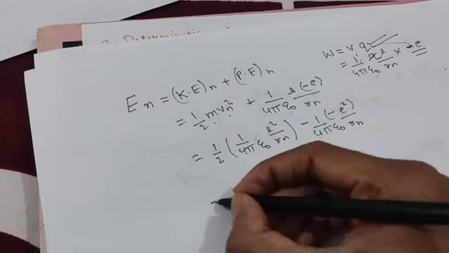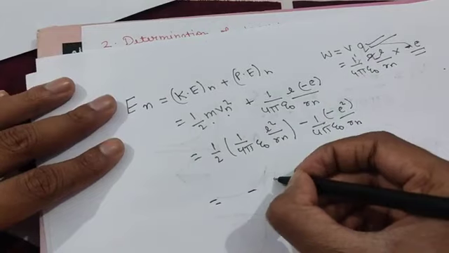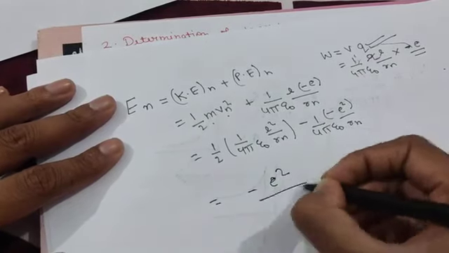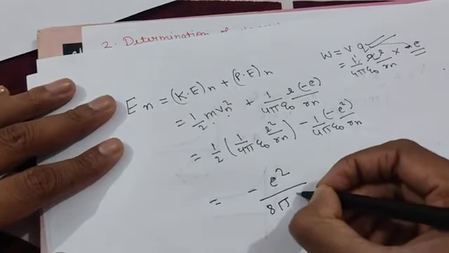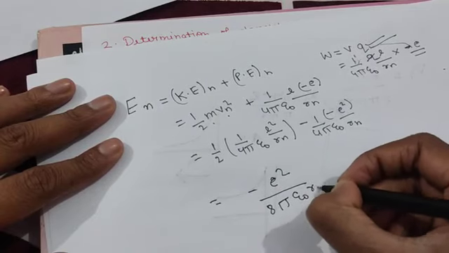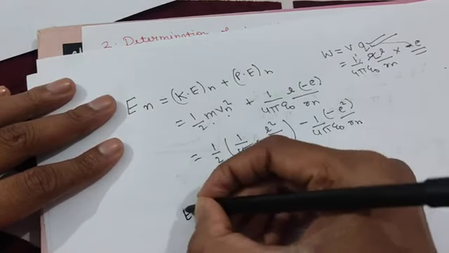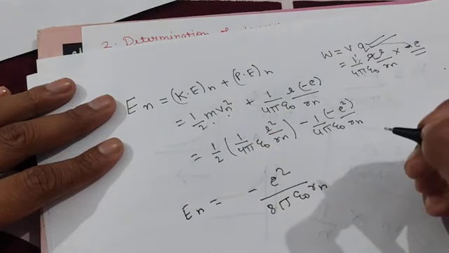After solving we'll get minus e square by 8 pi epsilon naught Rn. Okay, this is our En.